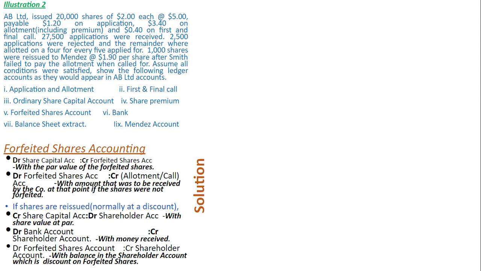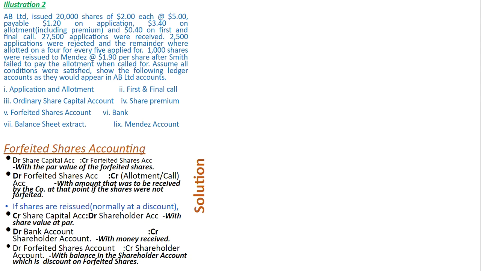27,500 applications were received, 2,500 applications were rejected, and the remainder were allotted on a 4 for every 5 applied for. 1,000 shares were reissued to Mendes at $1.90 per share after Smith failed to pay the allotment when called for.